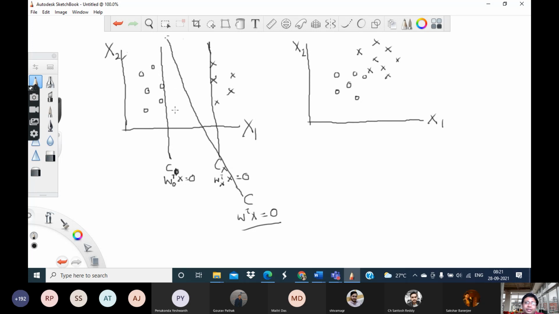And as you said, when we come to the testing phase, it's possible that circles belonging to the same class might be here, and some crosses might be here, like this. If that happens, we can't even call them outliers. They are very much inliers, but these two classifiers will end up misclassifying them, right?